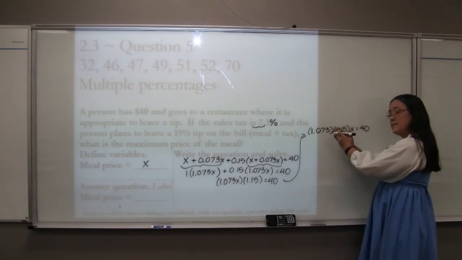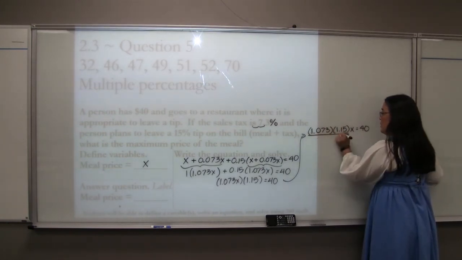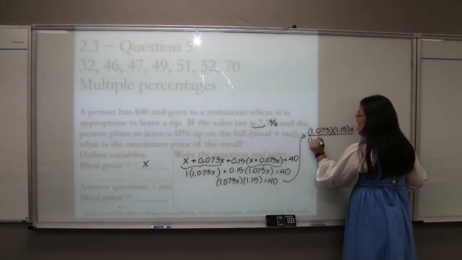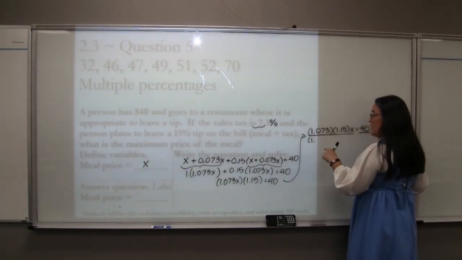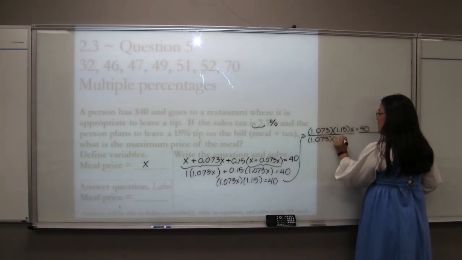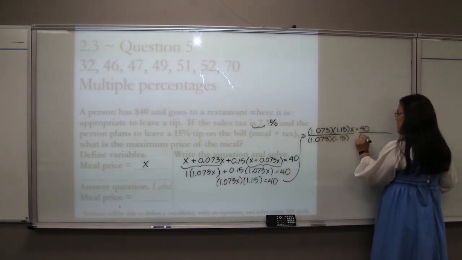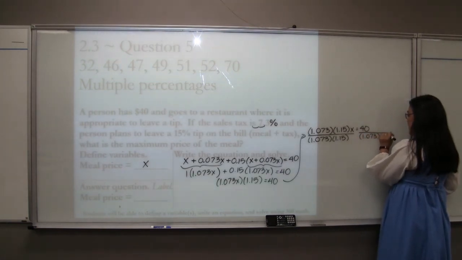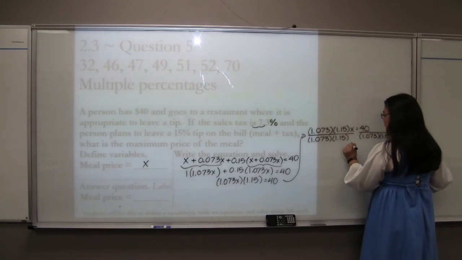You could multiply it together and divide it across. You could also, because of our amazing calculators, divide each of these, just like we divided by the length and the width in a previous problem. We can divide by these and solve for x.